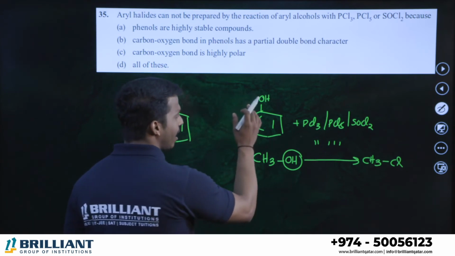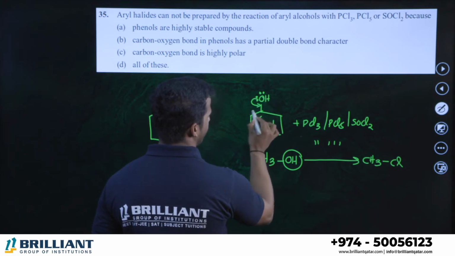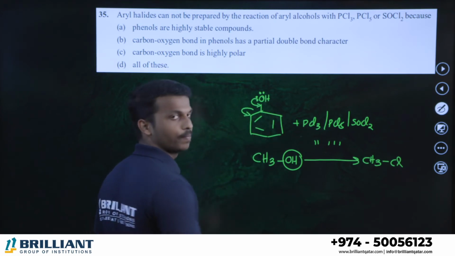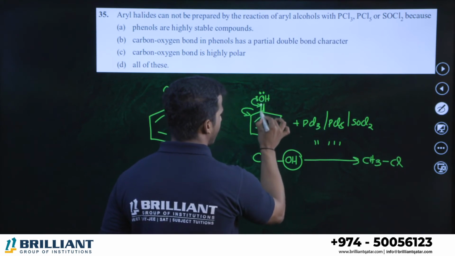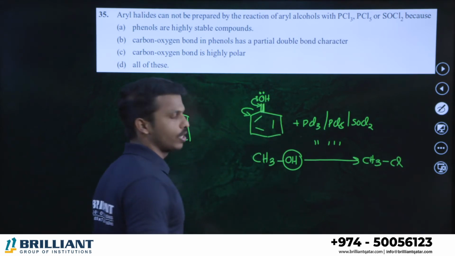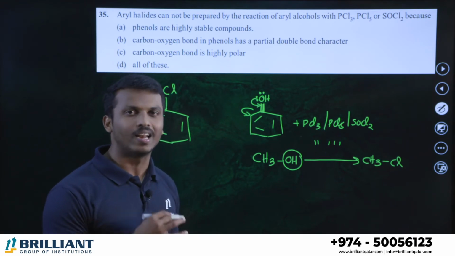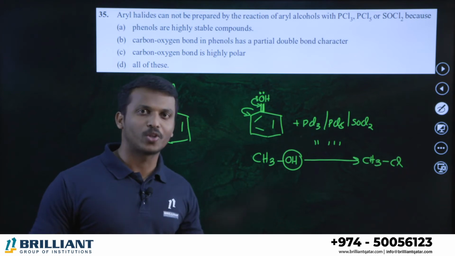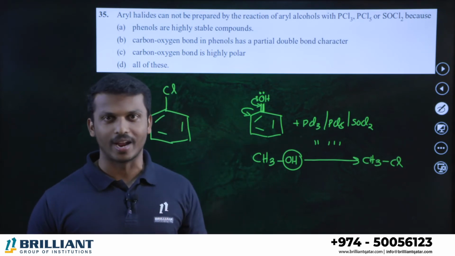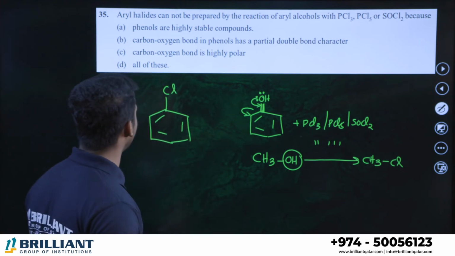But in aryl alcohol, this OH bond is involved in resonance. So carbon and oxygen try to make a partial double bond character. A double bond is a stronger bond, so the removal of the OH group is a little difficult in aryl alcohol. If you remove the OH group fast, then only you can add one chlorine, right? So OH removal is a little difficult.